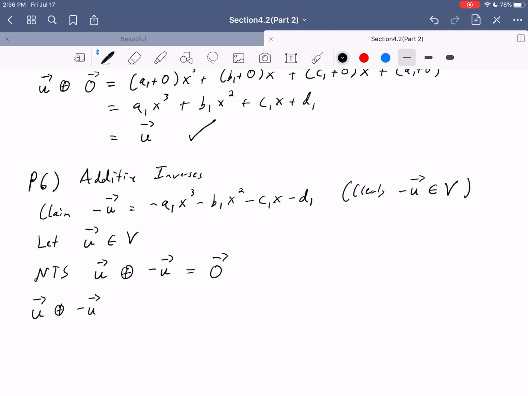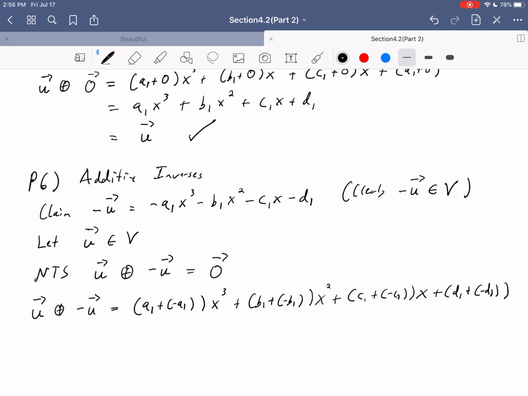So according to our definition there, if we add that, we would get a1 plus negative a1 x cubed plus b1 plus negative b1 x squared plus c1 plus negative c1 x plus d1 plus negative d1.